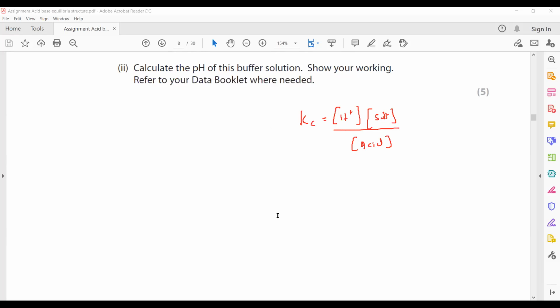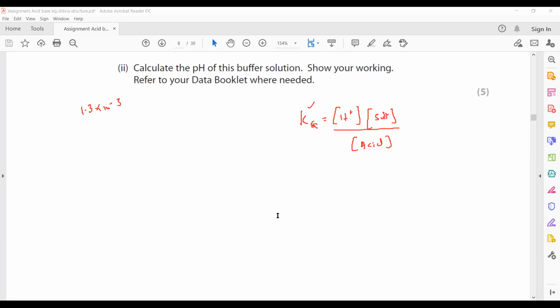Because it is propanoic acid, we'll use the dissociation constant of propanoic acid. As I mentioned in the beginning, when comparing propanoic acid with ethanoic acid, propanoic acid has a Ka of 1.3 × 10^-5. This is from the data booklet, you don't have to memorize it.